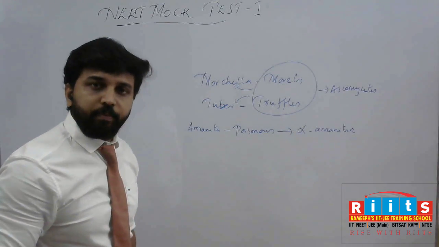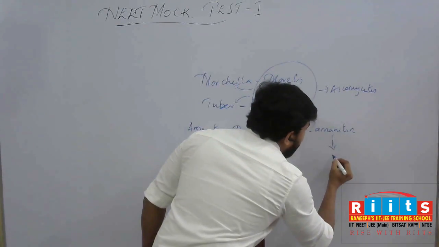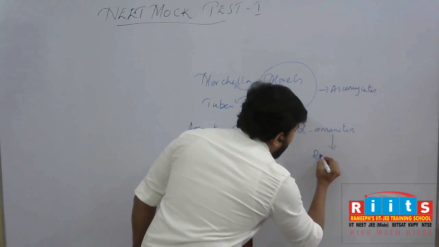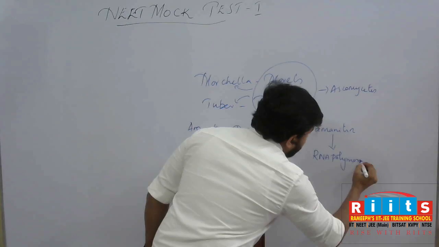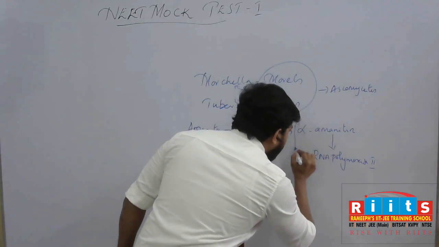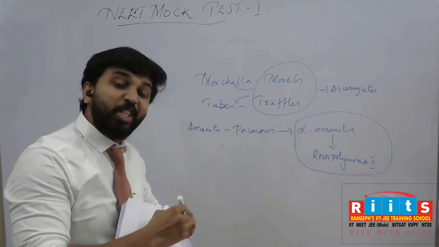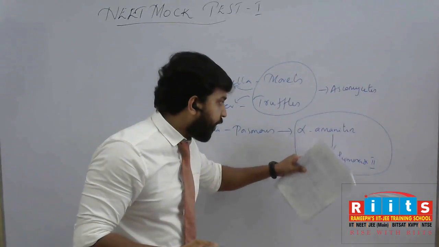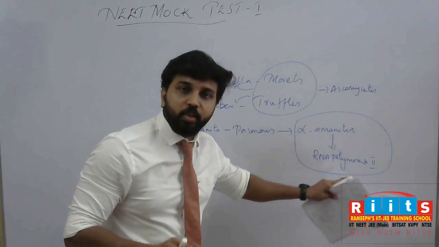This alpha amanitin specifically inhibits RNA polymerase 2. Don't forget this. Alpha amanitin, a mushroom poison, specifically inhibits RNA polymerase 2.